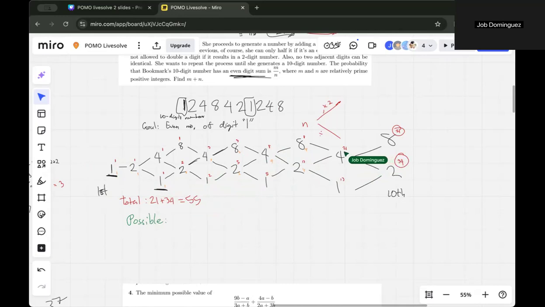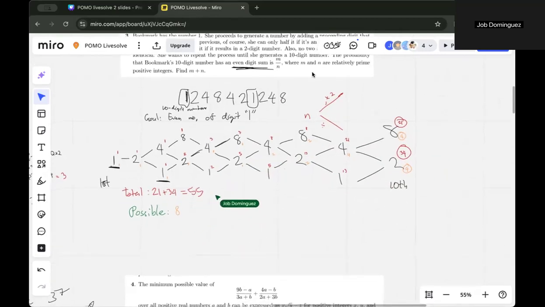Did I count it right? Oh no, I counted wrong. Sorry, my bad. I thought one here, one here. Then two, two, and two here. Then four, then four and four. So count the sum of these ones. We have here eight. Yes. Okay, then next case again.